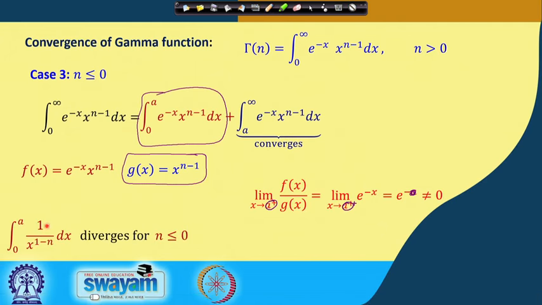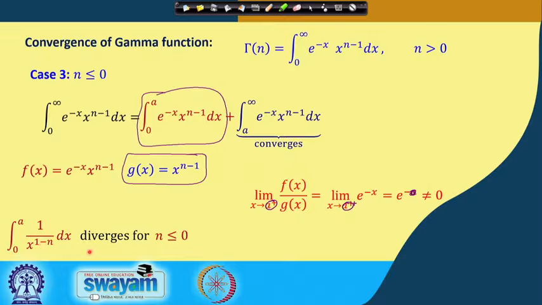So, we have 1 over 1 minus n, and this integral diverges when n is less than or equal to 0, because then we have 1 plus something. This integral converges when 1 minus n is less than 1.